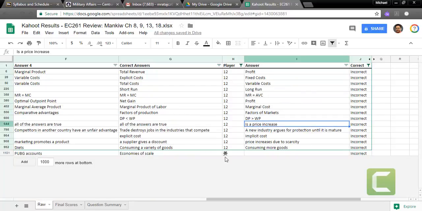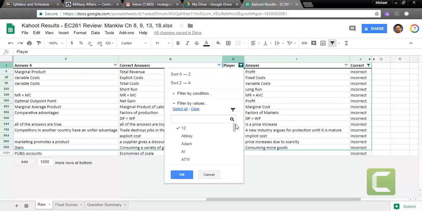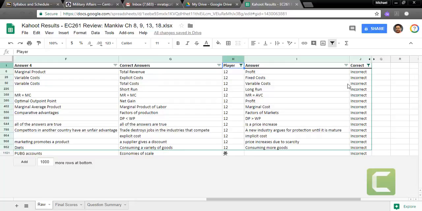There's one group down here. I'm not sure how that happened. Maybe I checkmarked something a little bit there. But anyways, that's minor. Here are the questions that Team 12 got wrong. These are the answers they put, and the correct answer is this.